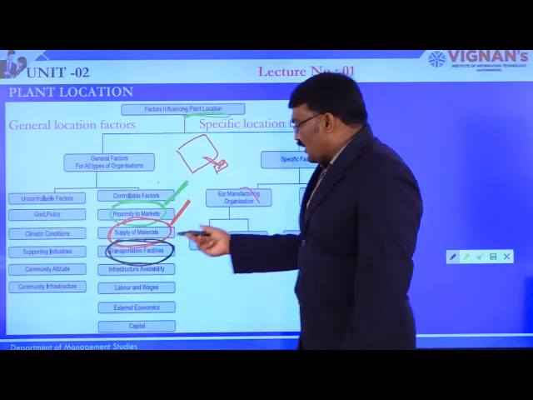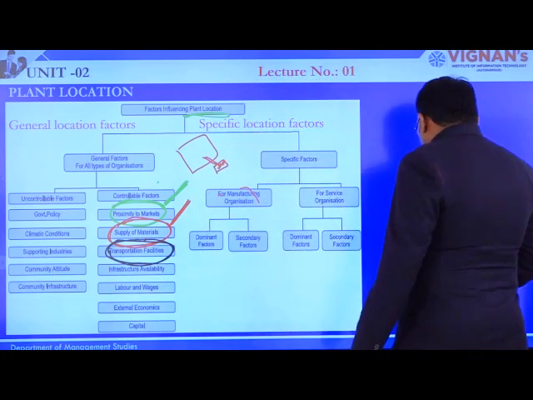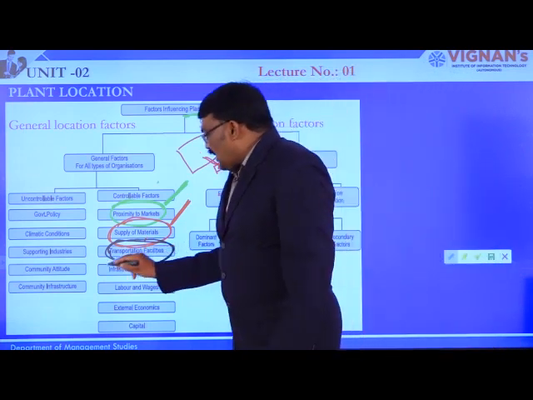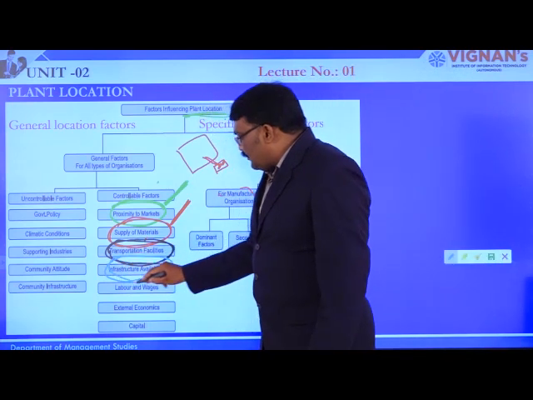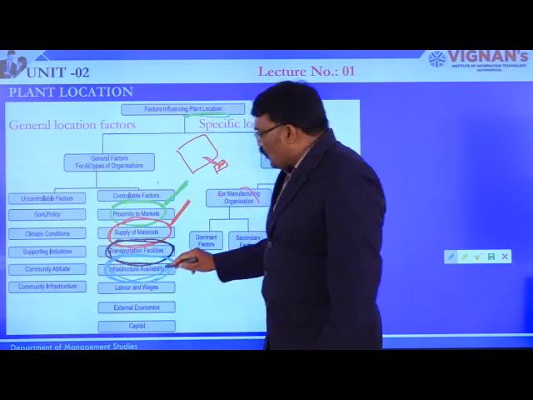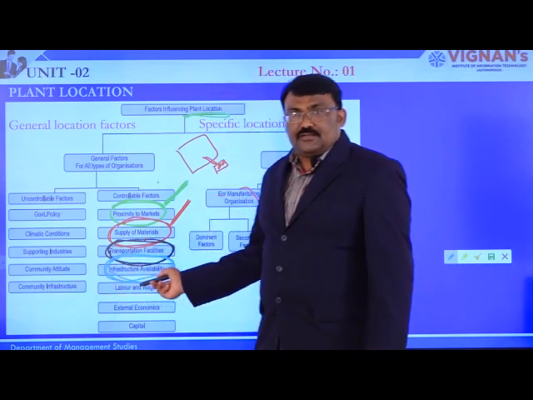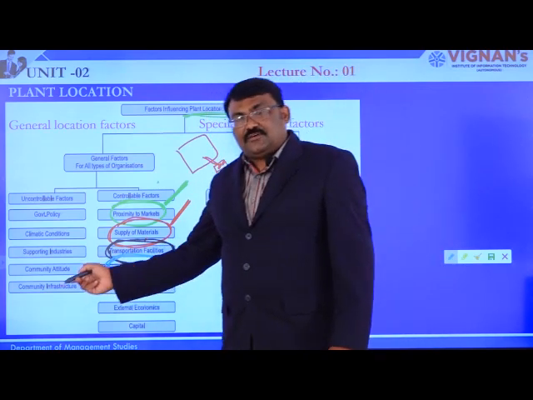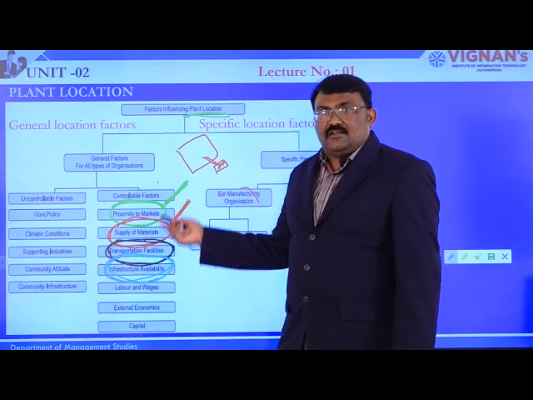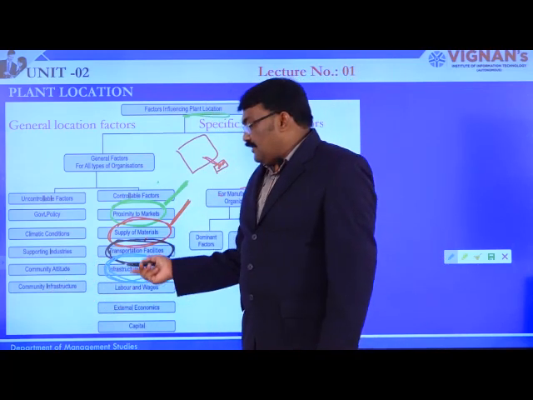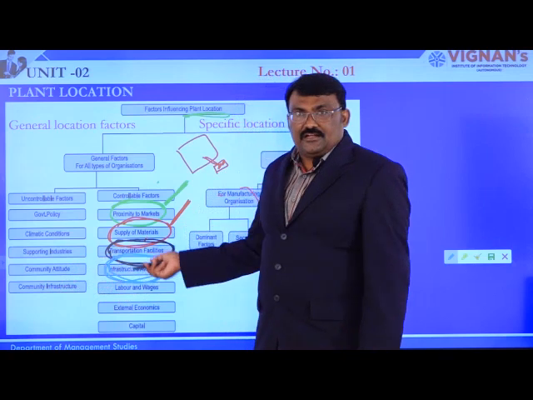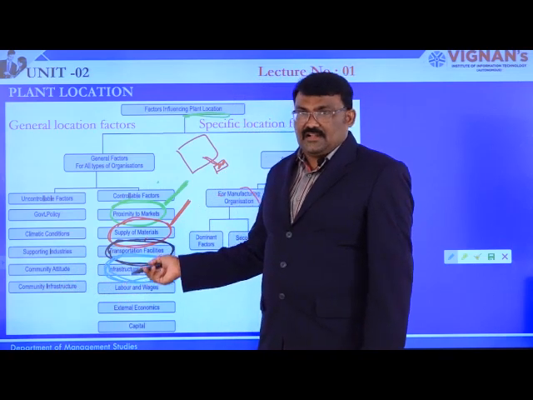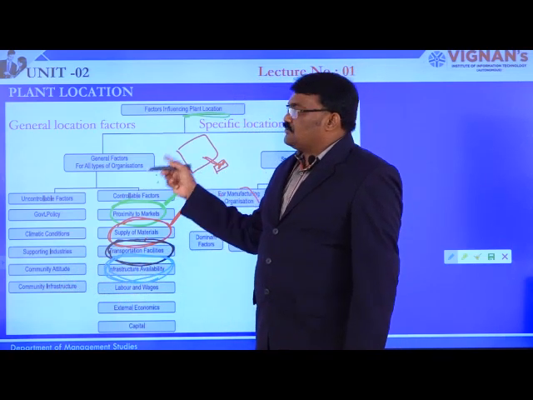Okay. Now, coming to the infrastructure availability. It is related to the schools near to the plant location, facilities for staying near to the location, and other facilities near to the location, right?